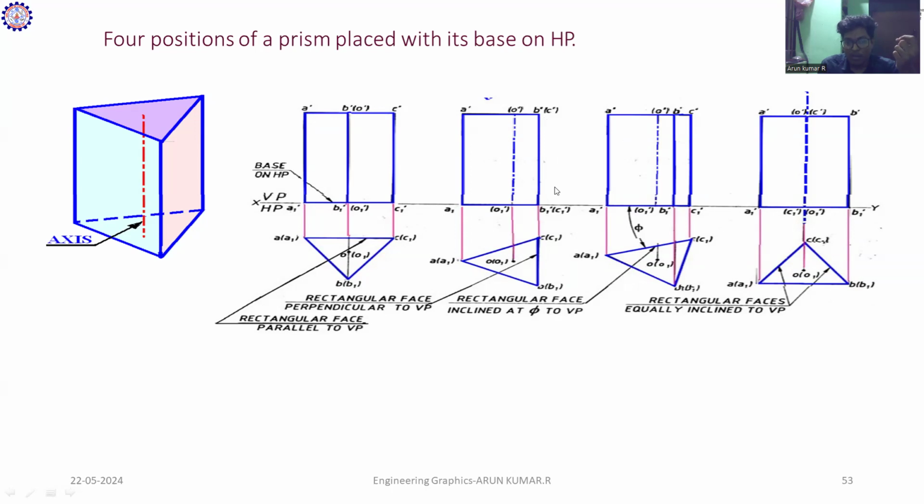Then you give the names: A1 is A1 dash; B1 and C1 both points coincide, so B1 dash is C1 dash. Similarly, A is A dash, and B and C are B dash and C dash. The different conditions for the remaining two diagrams will be discussed in upcoming classes.